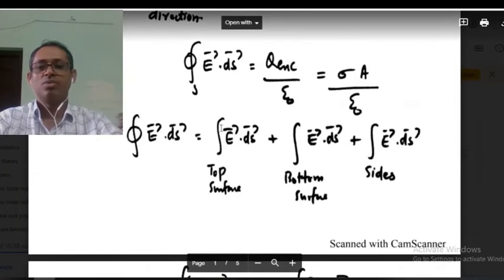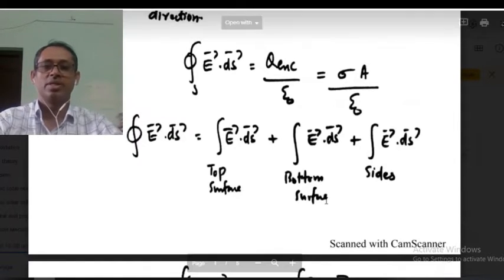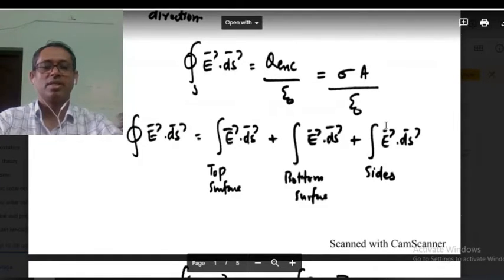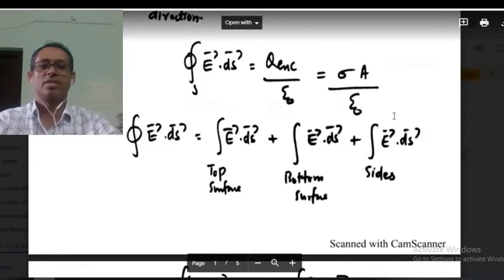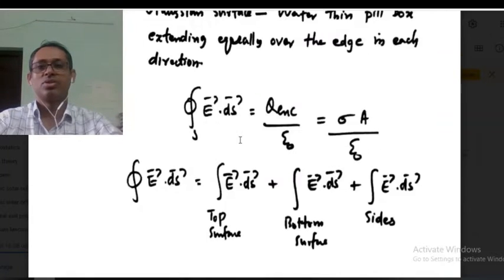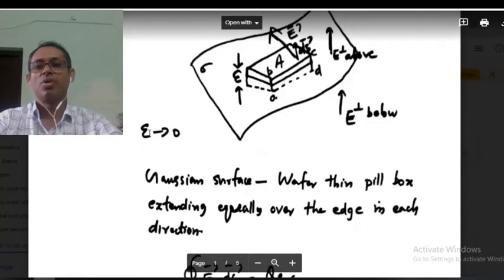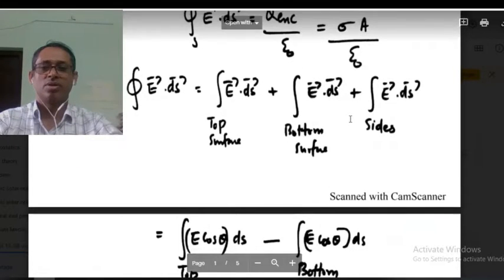So that is what we have written here: the integral over the top surface E dot ds, the bottom surface E dot ds, and the sides. The contribution from the sides is taken as 0 because epsilon tends to 0, the thickness tends to 0.